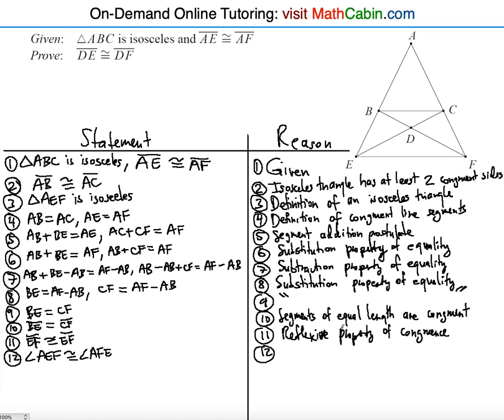So now notice that the reason for this is that angles with congruent opposite sides are congruent.